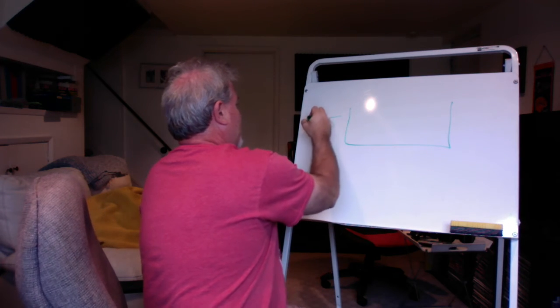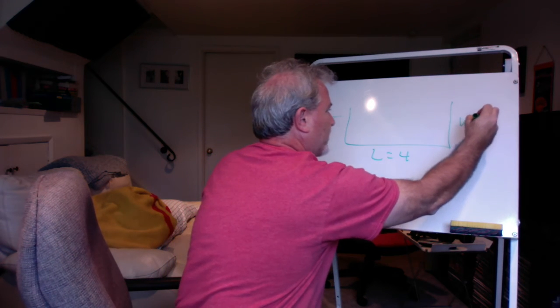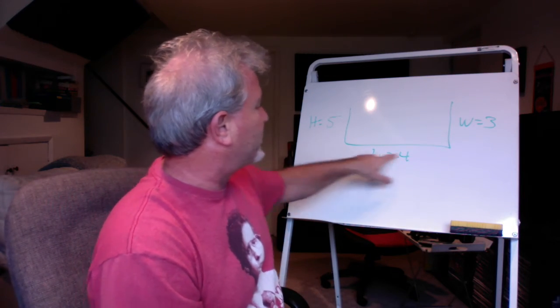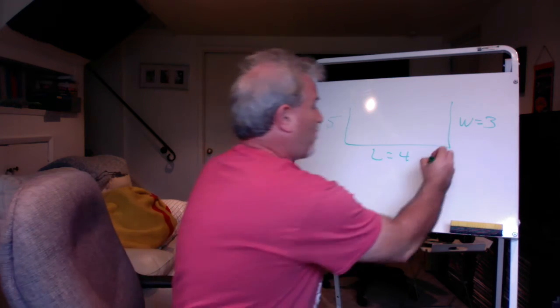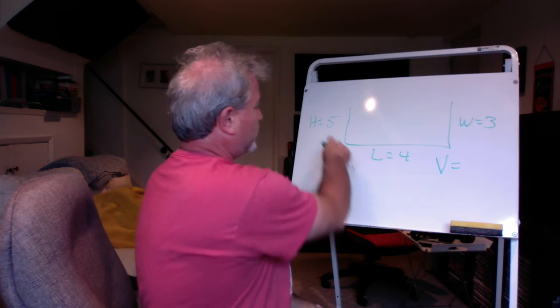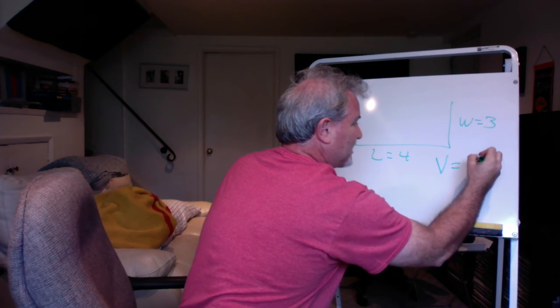So the height is 5, and the length is 4, and the width is 3. I'm saying that this is the size of the planter's box. Now, when I want to get my volume, all I have to do is multiply. So 5 times 4 is 20. 20 times 3 is 60.